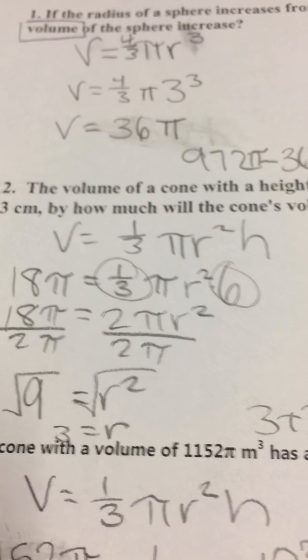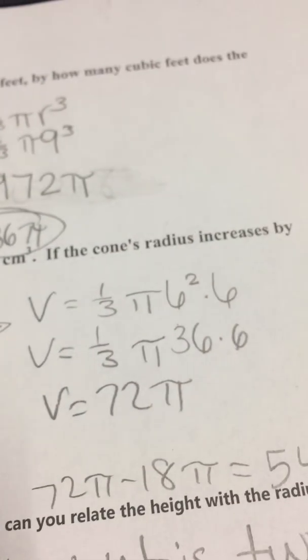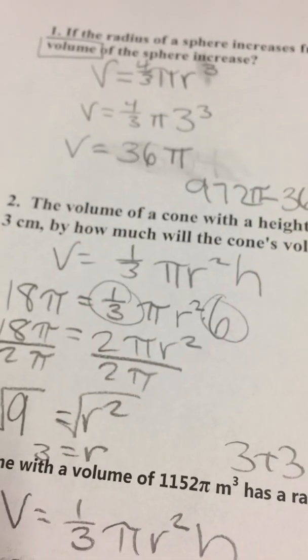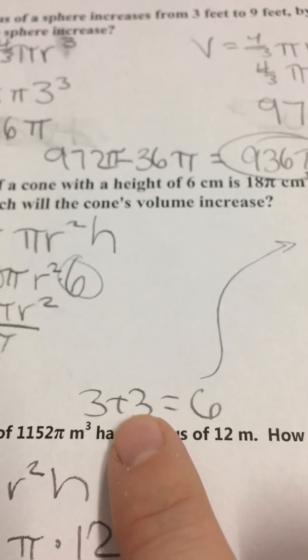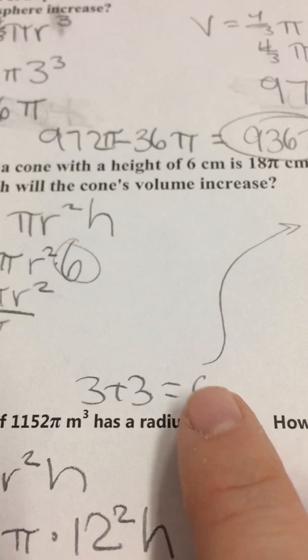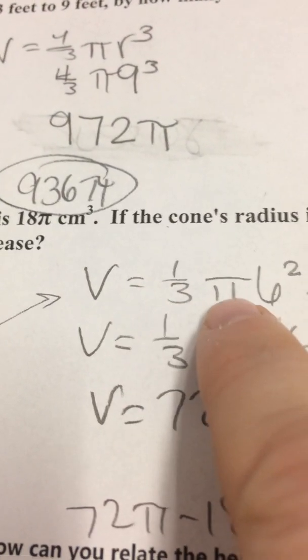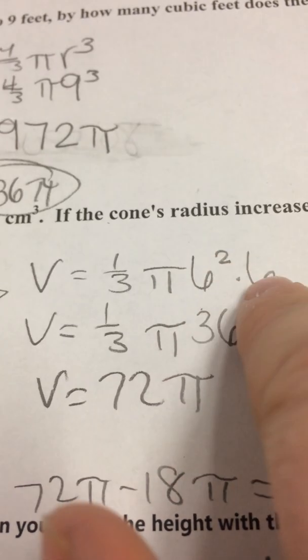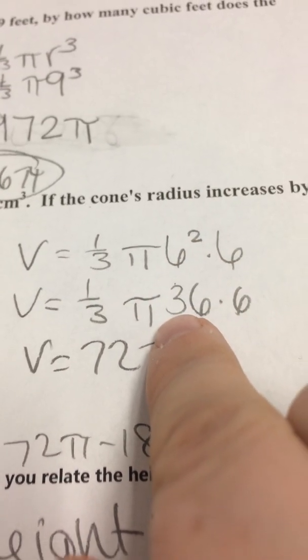The next part of this question, because it can't be easy and just have one part, says if the cone's radius increased by 3, how much will the cone's volume increase? Well, if it's 3 now and it increases by 3, now you need to do the problem, except you know that the radius is 6. So V equals 1/3 pi r squared times h. 6 squared is 36.